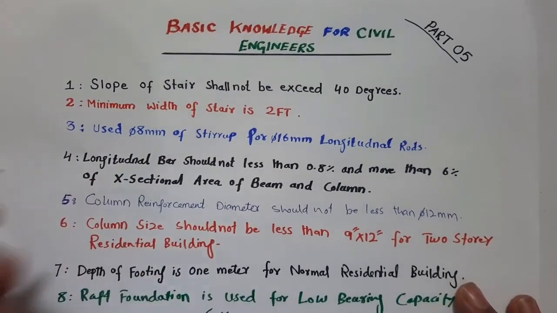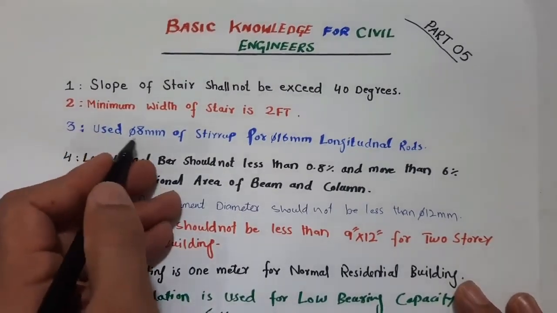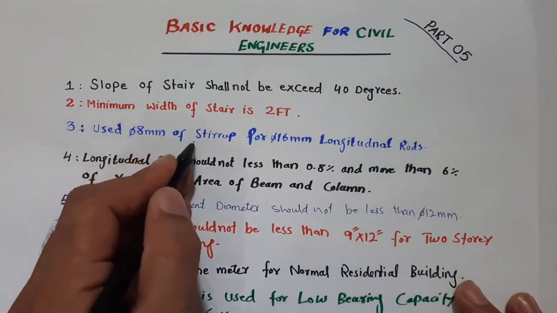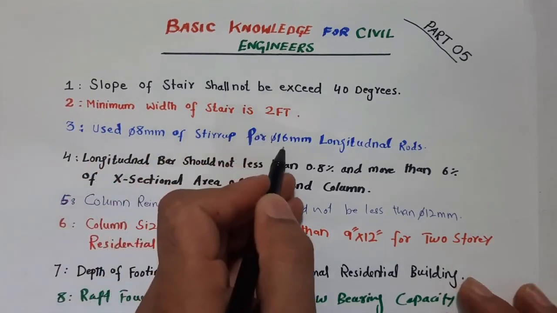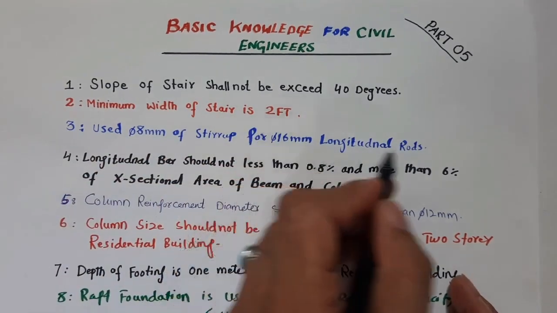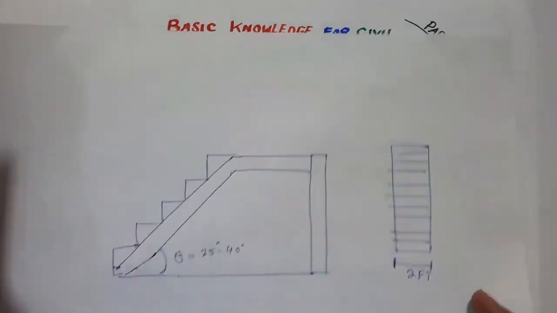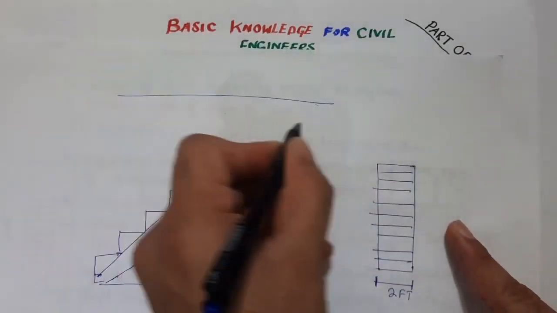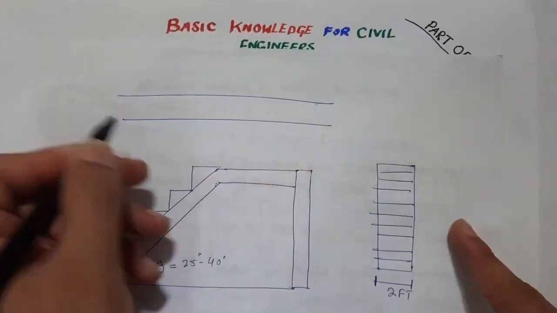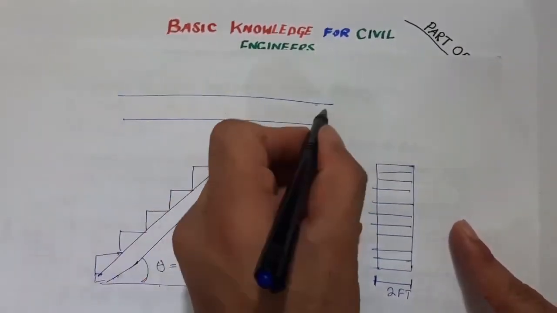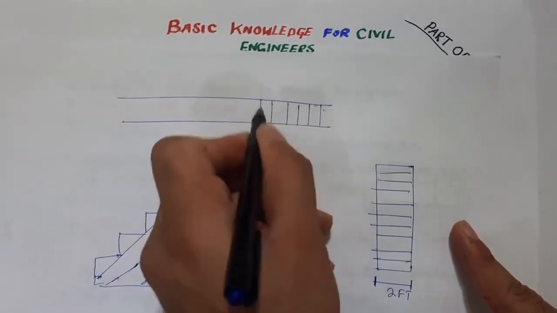Okay. The next one is guys, the third one. Use 8 mm dia of steel rod for stirrups if the dia is 16 mm in longitudinal bars. Guys, you can see if that is beam or column, suppose this is a beam, okay? So these are stirrups.